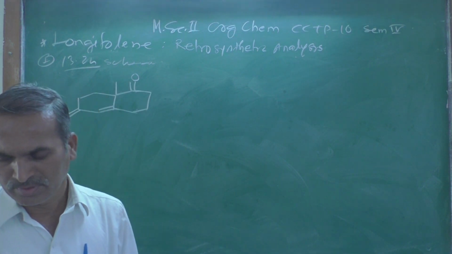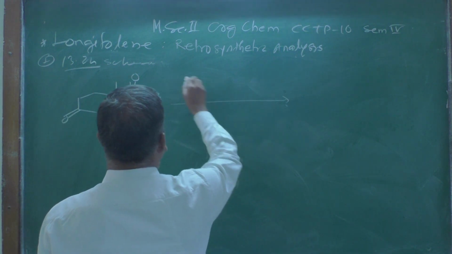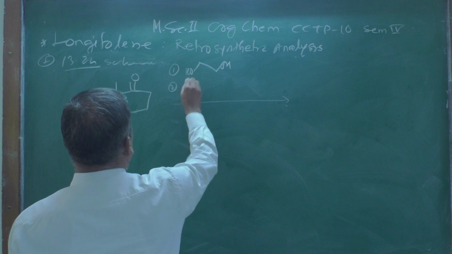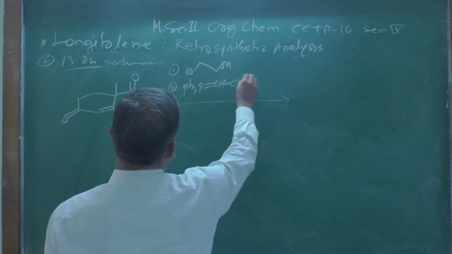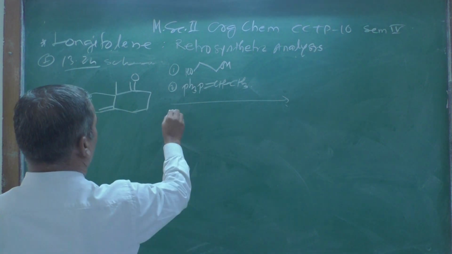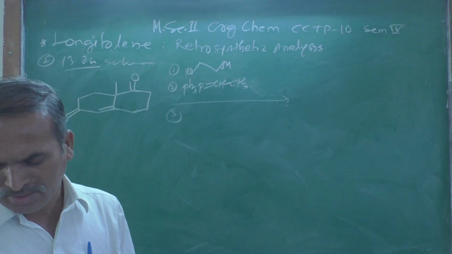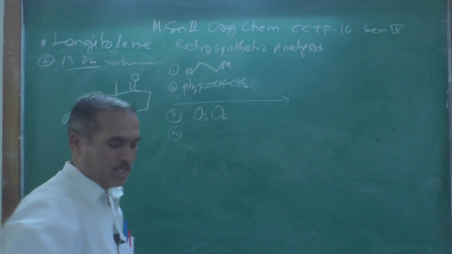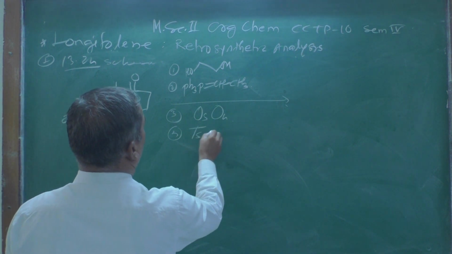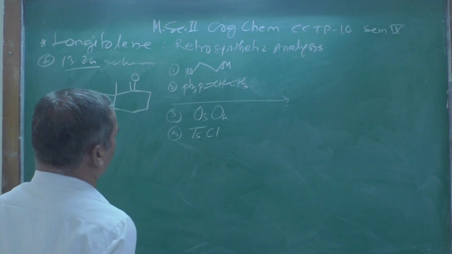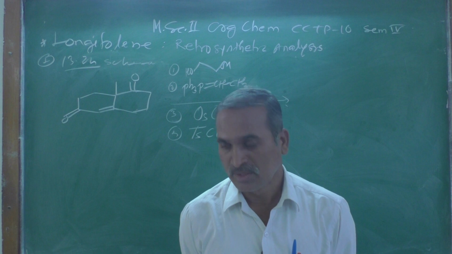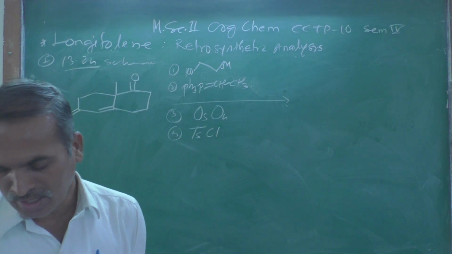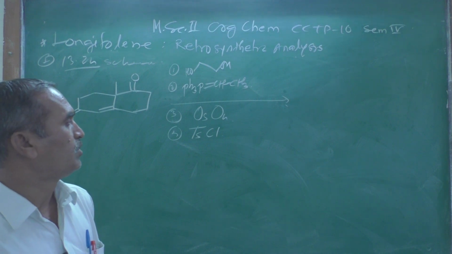This compound is further treated with reagents: first, a diol; second, Ph3P=CH2, a modified Wittig reagent; third, osmium tetroxide, OsO4; and fourth, TsCl, tosyl chloride, paratoluenesulfonyl chloride. And now by doing this, what do you get?